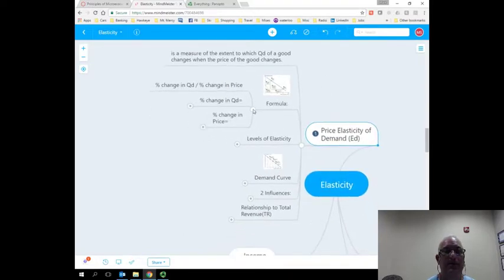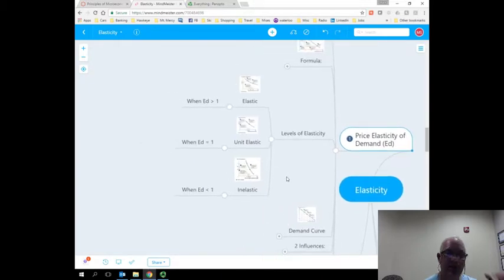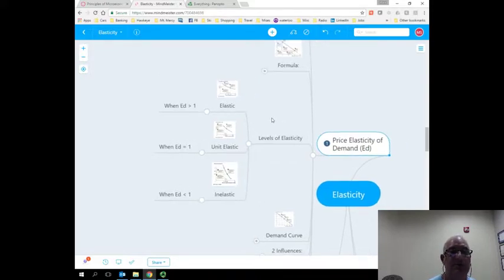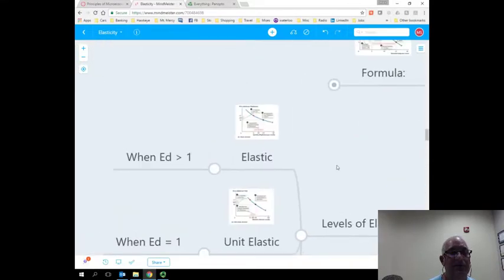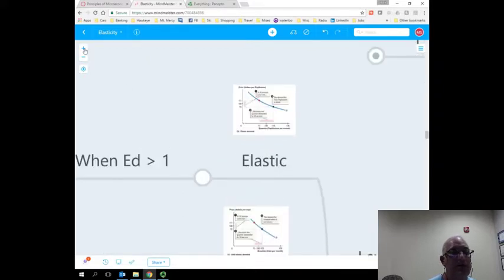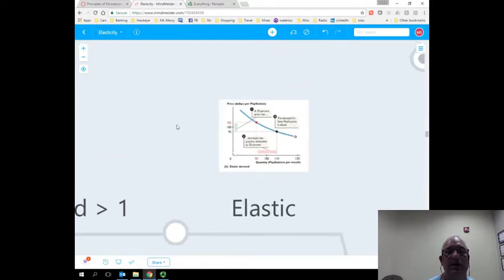Now let's look at levels of elasticity. When we're doing problems or looking at illustrations, they usually fall into elastic, inelastic, or unit elastic. When something's elastic, it means the calculation we just looked at is greater than 1, and a curve that is elastic is usually fairly flat.